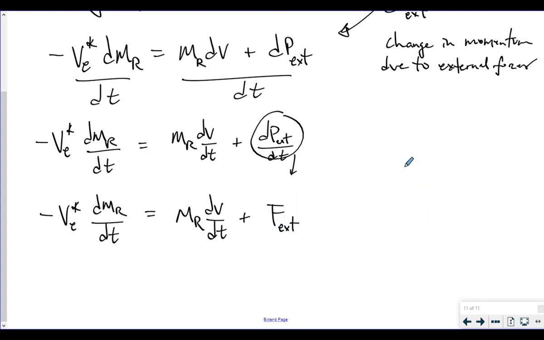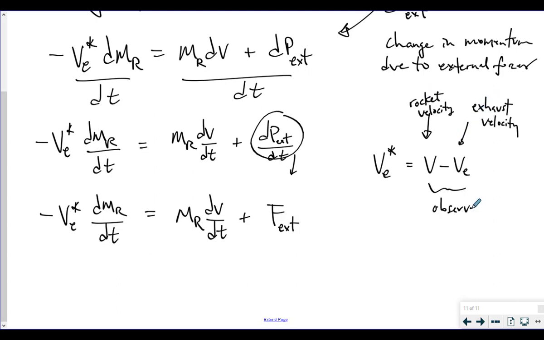Now remember earlier I had this VE star as V minus VE, where V was the velocity of the rocket, and this guy is the exhaust, and both are in the observer frame.